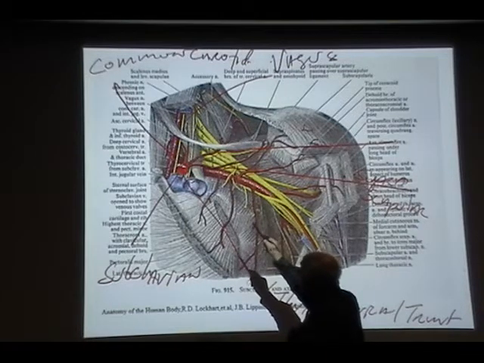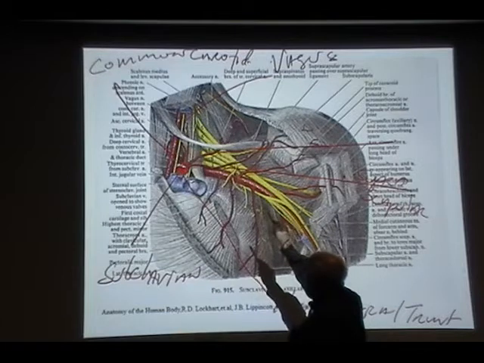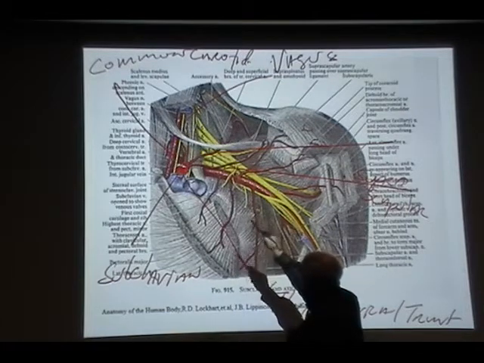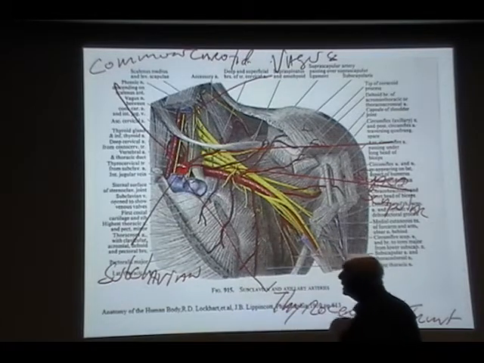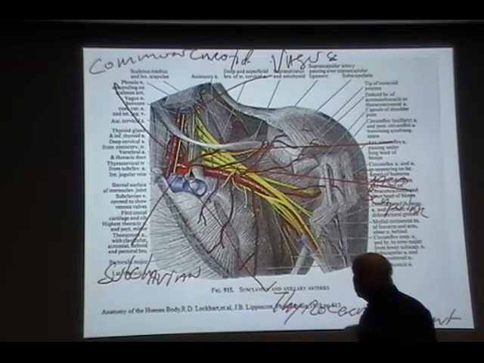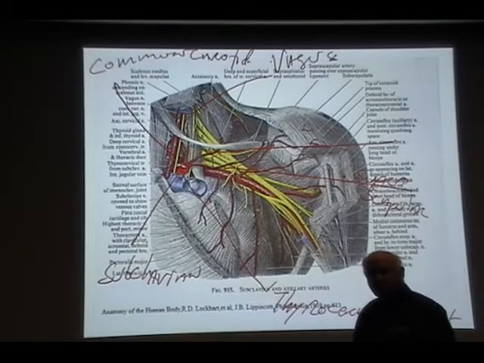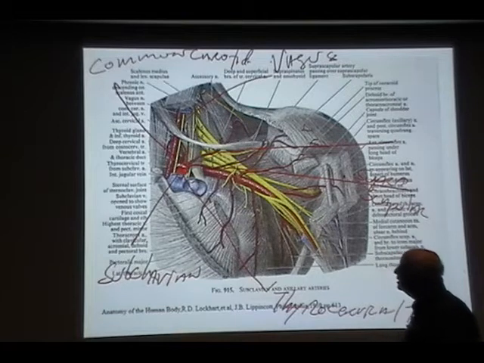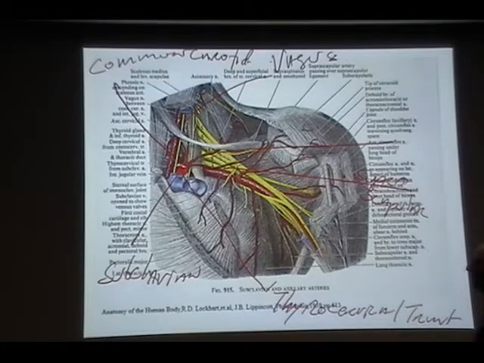And then there's a branch coming up from there, going towards the thyroid gland over a muscle called the scalene, that is the inferior thyroid. Now, the vertebral, if you look at the image, is on the right side of the vagus nerve. And that's the vertebral, very deep.